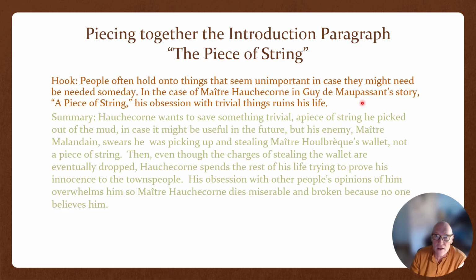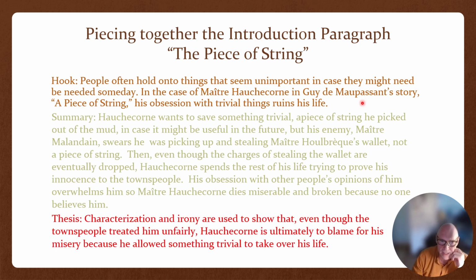His obsession with other people's opinions of him overwhelms him, so Maître Hochkorn dies miserable and broken because no one believes him. So you get a bare outline or skeleton of the major events in the story, the characters that are involved that you might potentially talk about in the body.